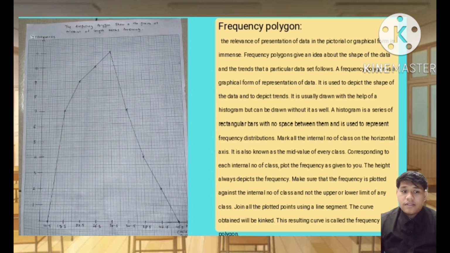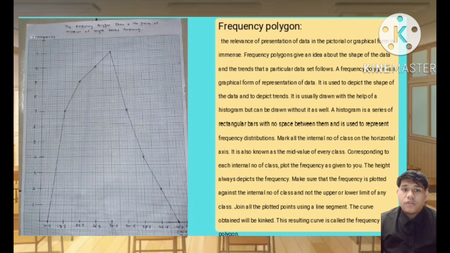A histogram is a series of rectangular bars with no space between them and is used to represent frequency distribution. Mark all the class midpoints on the horizontal axis, also known as the mid value of every class.